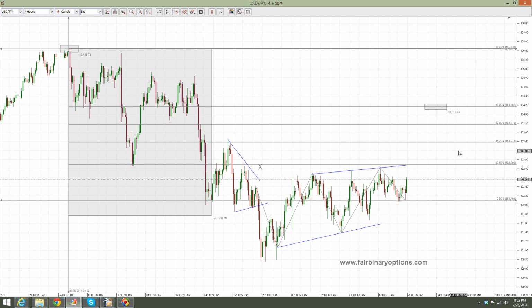Now I wouldn't be that picky and look exactly into this 61.8, but I will look for some other confirmation rules, like how this trend line is going to be broken, like the measured move for the whole pattern here, so on and so forth.